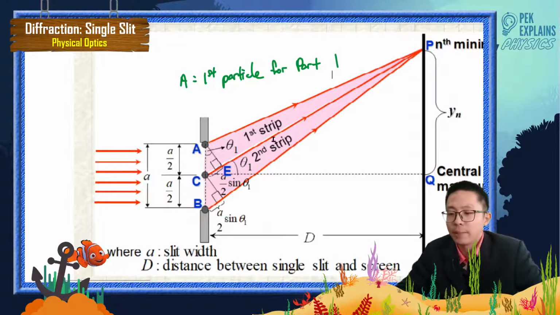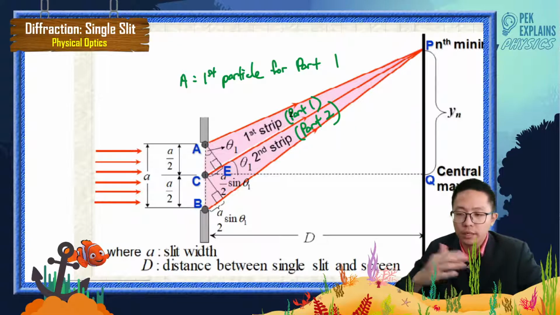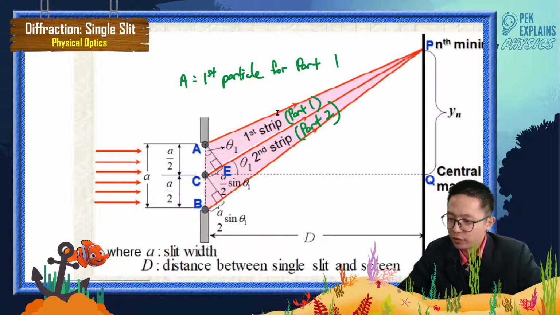Part 1 means the first strip, because I divide into two parts, isn't it? This is considered part 1. This is considered part 2. Even parts. I divide into two parts means I divide evenly.